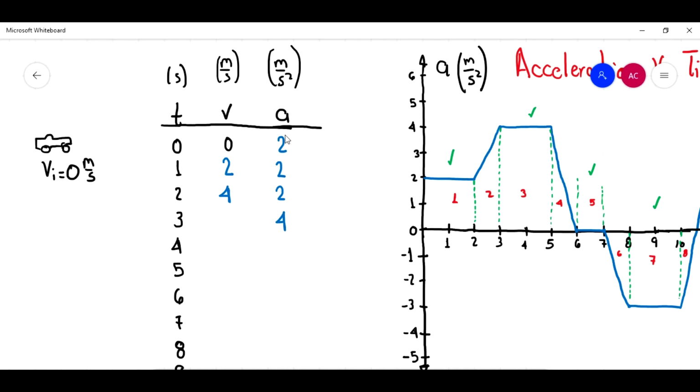That means I'm not going to take into account this one over here. The jump to 4 at 3 seconds, I'm not going to take into account. So I'm going to write that this one remains exactly the same, because this is an increase in the acceleration.